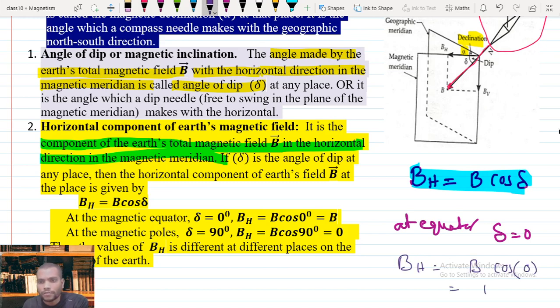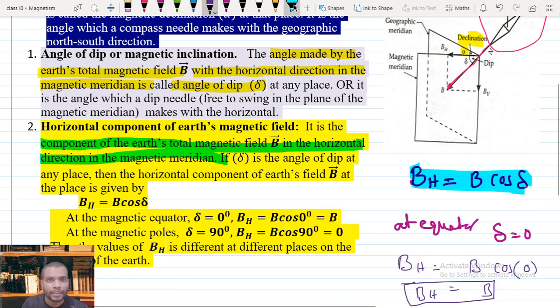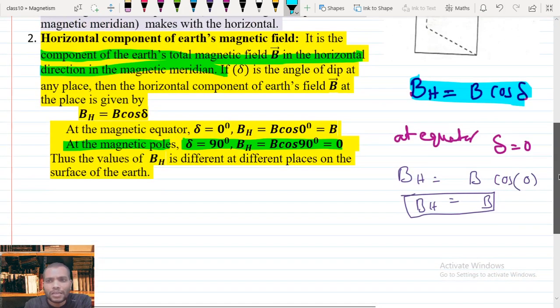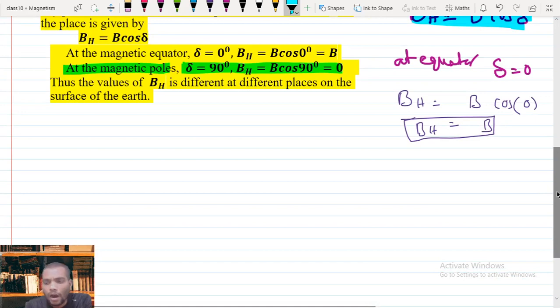Cos 0 has the value 1, so the horizontal component of the magnetic field goes to its maximum, equal to B. But when it comes to the poles, delta equals 90 degrees, so the horizontal component of the total Earth's magnetic field equals 0. Only here we are calculating the horizontal component.